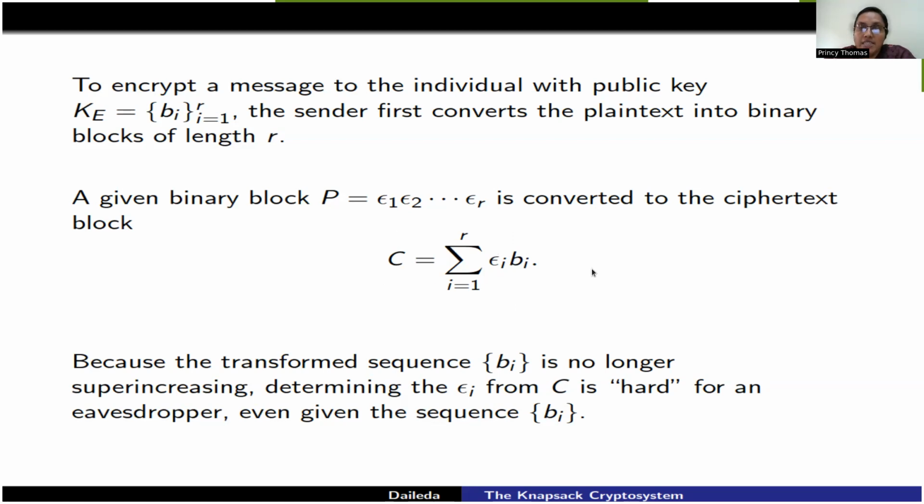That is AI, when it is transformed, no longer becomes a super increasing set. So because of that, determining the epsilon I from the value of C becomes a hard problem.